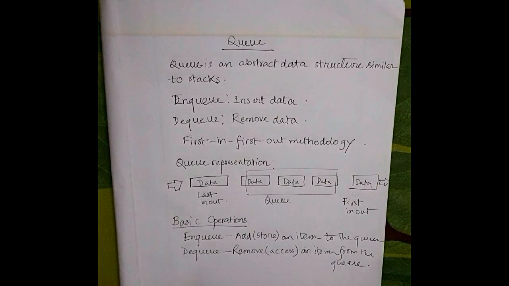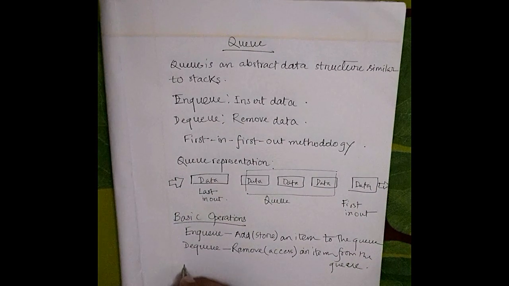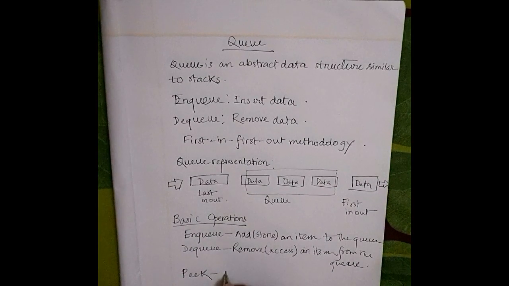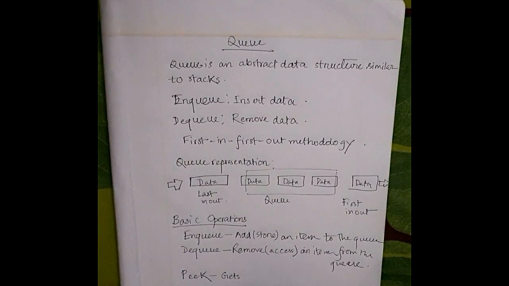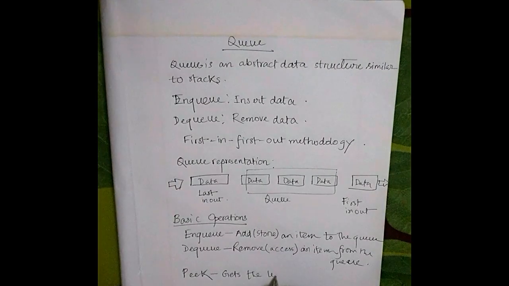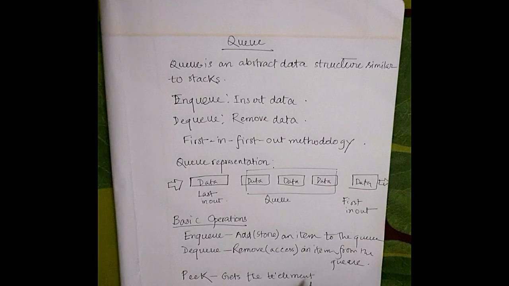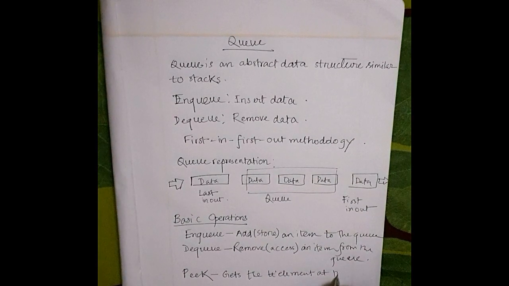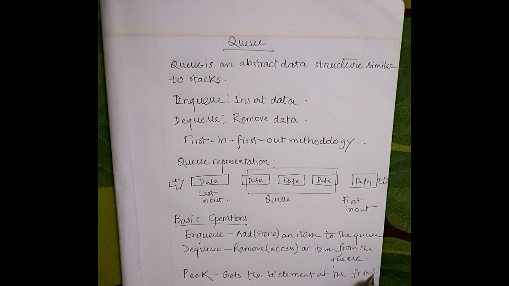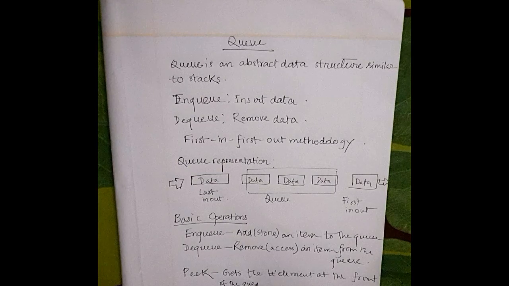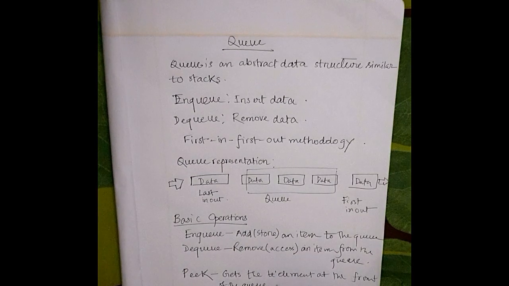Let me write that down here. The first one is called peek. It gets the element at the front of the queue without removing it.